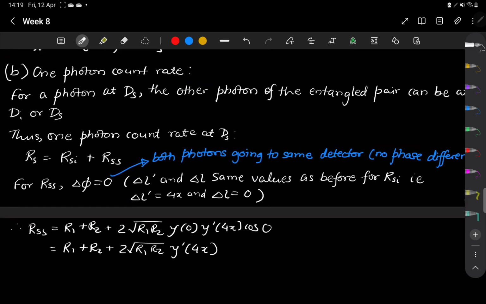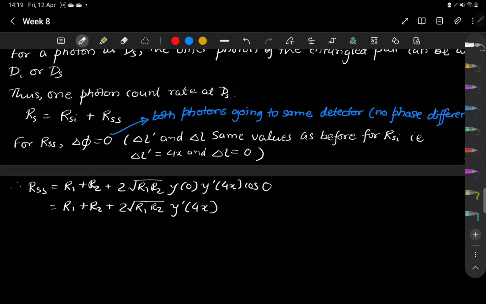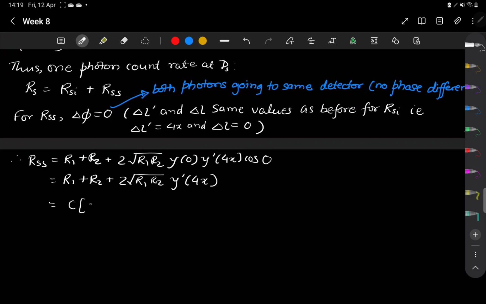And again, if we keep R1 equals R2 equals C by 2, then we will get this time with a plus sign for gamma prime.